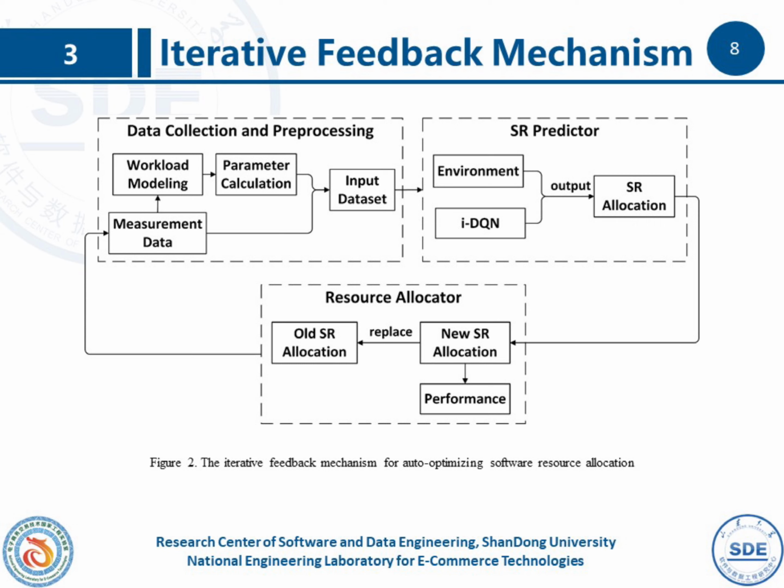In the Resource Allocator module, the new software resource allocation policy obtained by the SR Predictor replaces the previous outdated one. After this, as the system continues its operation with the new software resource setting, new workload and performance data are delivered to the data collection and pre-processing module as measurements.